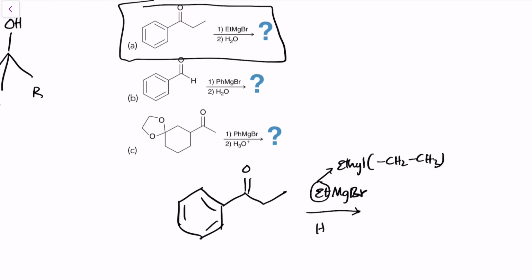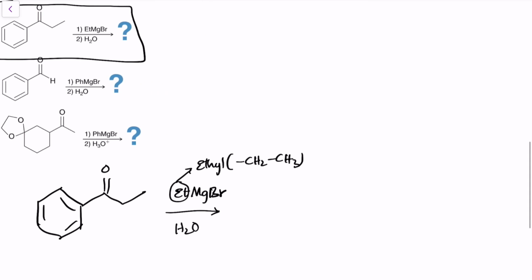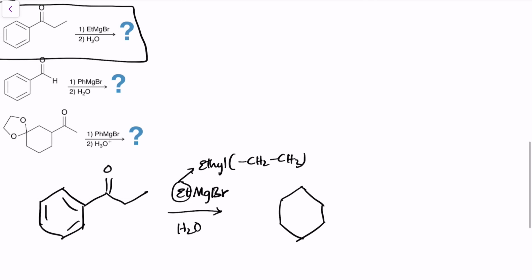Next you have H2O on the second part. So the first reaction that happens here is the ethyl group attacks the carbon and creates an ethyl group here, and the oxygen will end up getting the negative charge.